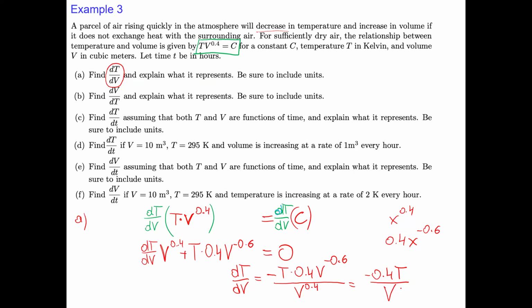And now let's actually find the unit. How can we find the unit? This Leibniz notation, dT/dV, is telling us the units: the units of the temperature, which is kelvins, with respect to the volume, meters cubed.